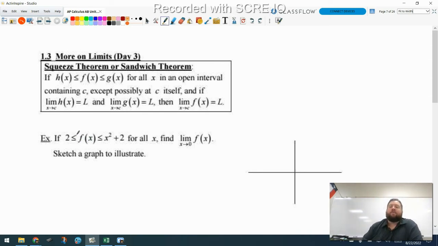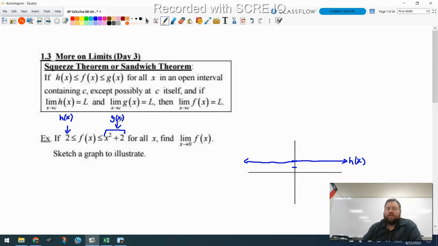And the way we can solve this problem is by using the squeeze theorem. So 2 right here, even though it's a single number, that counts as a function. That's our h of x. X squared plus 2, that's our g of x. And then we have our f of x in the middle. So sketch a graph to illustrate. I'm going to sketch h of x, which is just a horizontal line at y equals 2. That's my h of x.